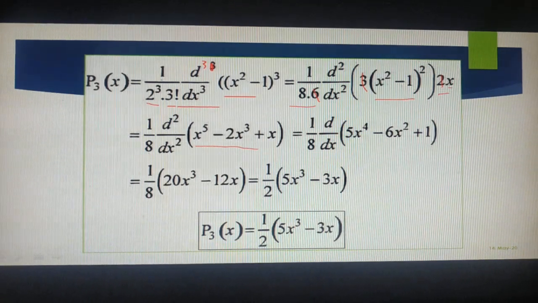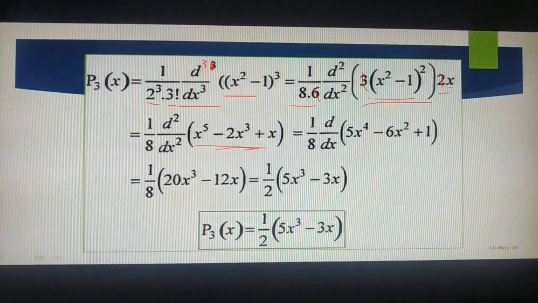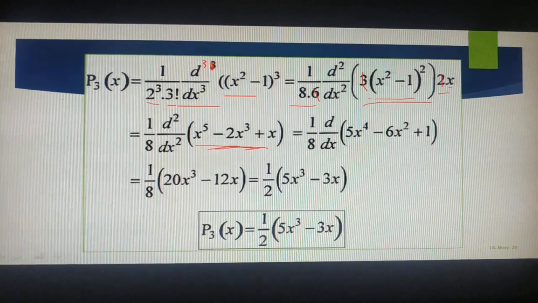Okay, so 1 by 8 d square by dx square of x to the power of 5 minus 2x cube plus x. How many times do we have to do this? Here we are not done, we have done one time differentiation of d cube by dx cube, and we got this. Again we are trying to simplify here. After simplifying, we will go for differentiation.